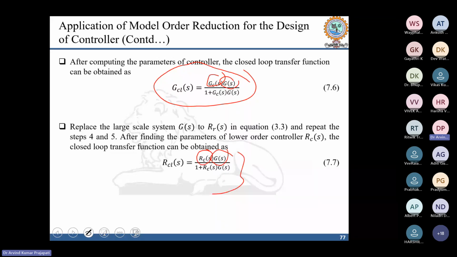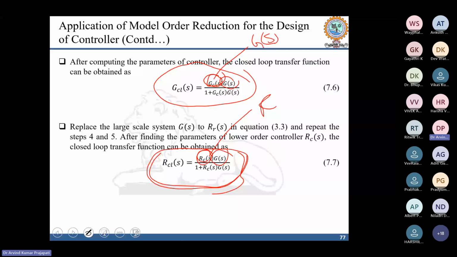And this is the closed loop response. This is the closed loop model of your plant, in which the controller is designed using the reduced order model instead of the original system. So here the controller is designed by the original system, and here the controller is designed by the reduced system.